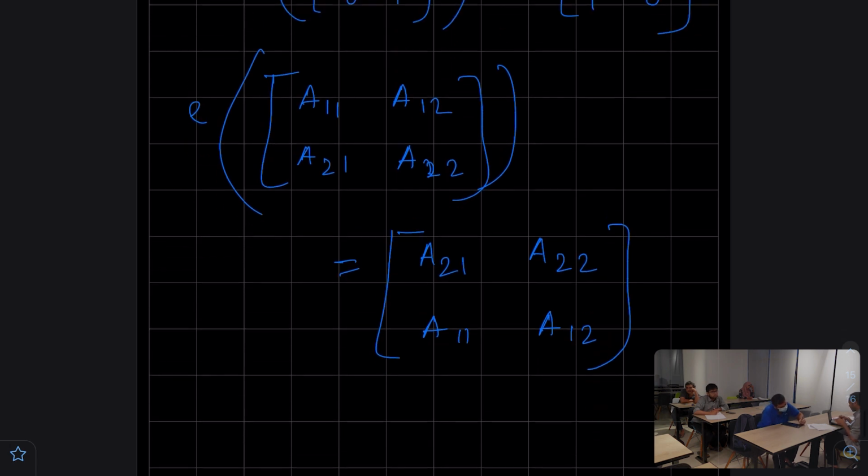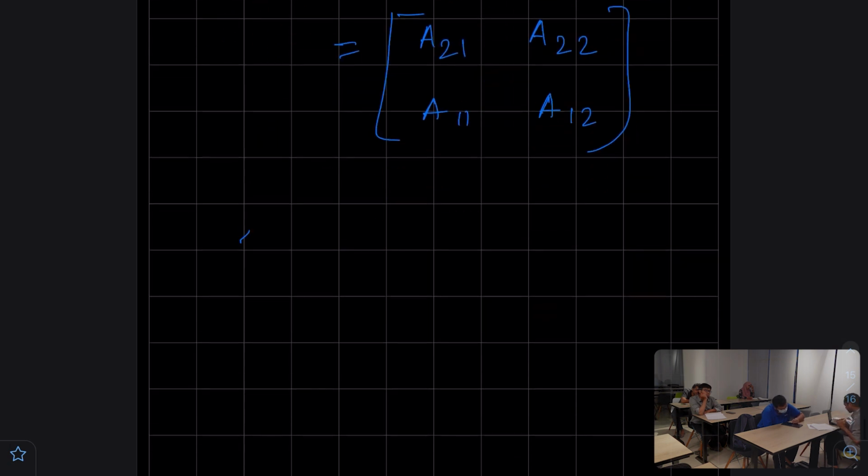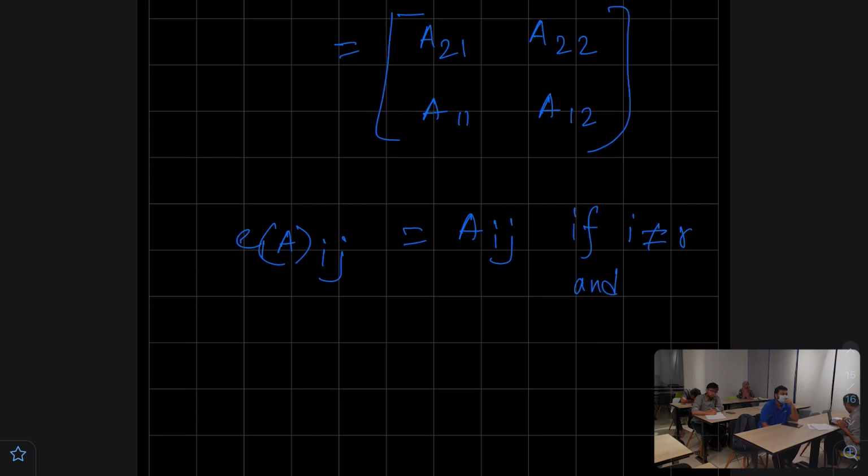So we know that the third elementary row operation is exchanging the rows. It is defined as E of A ij is equal to A ij if i is not equal to r and i is not equal to s.